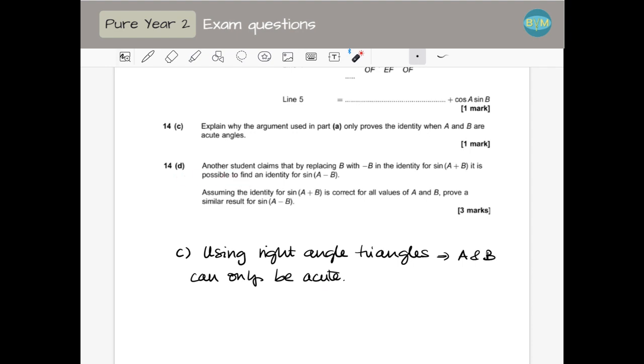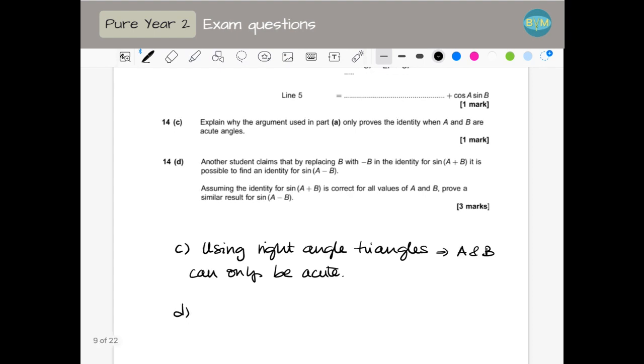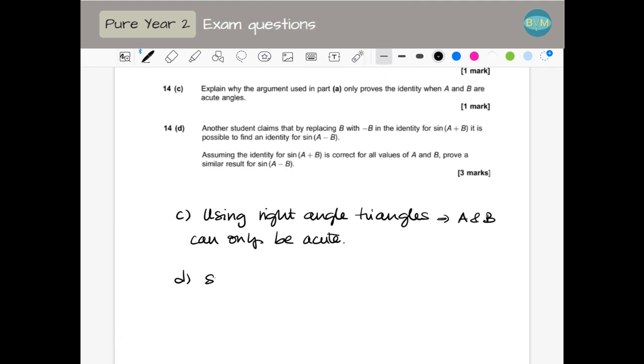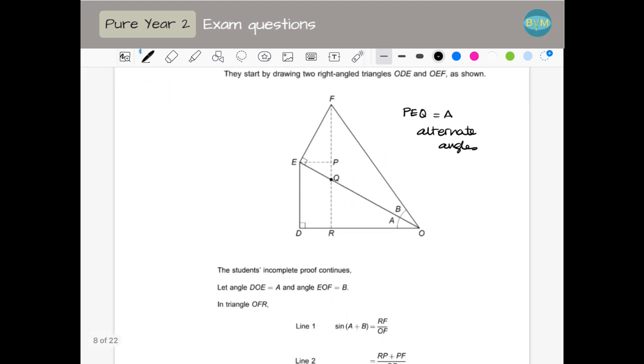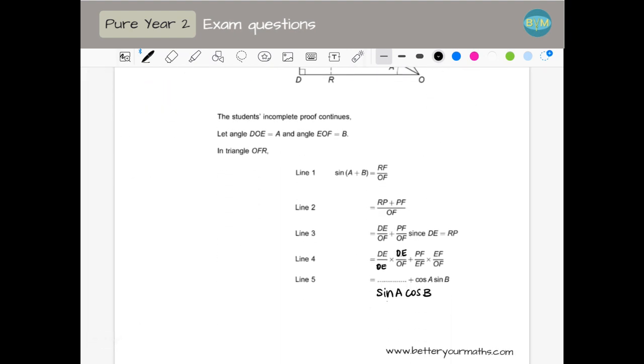And D. Another student claims that replacing B by minus B in the identity for sine A plus B it is possible to find sine of A minus B. Assuming the identity is correct for all values of A and B, prove the similar result. So we are just going to find A minus B, substituting minus B. So you see the formula here is sine the first one, cos the second one, plus cos the first one, sine the second.